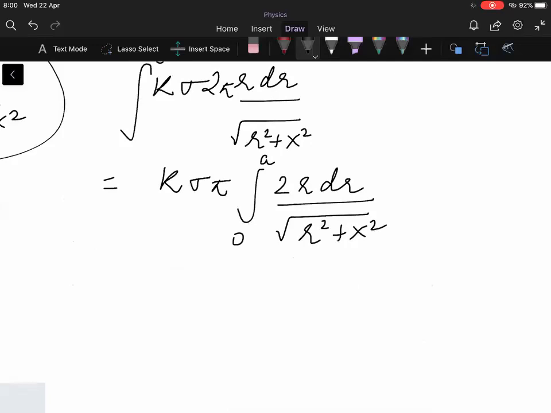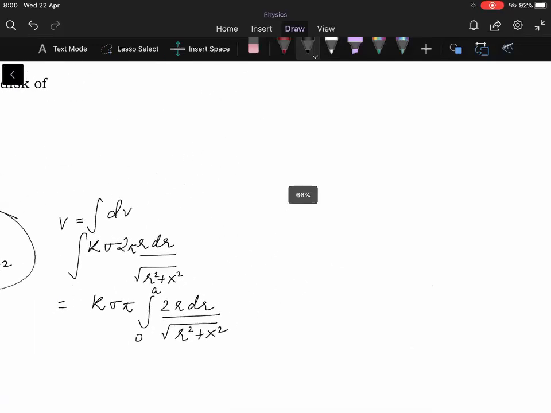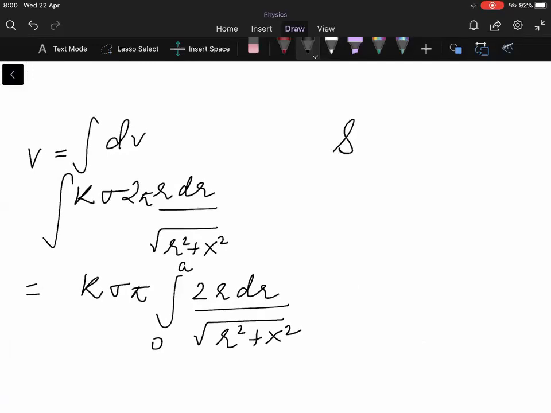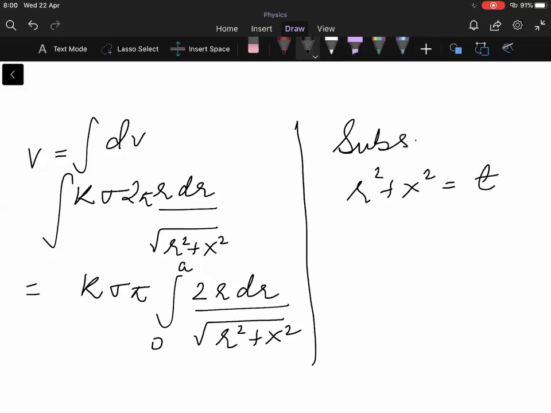Is this clear? Now using the substitution method, what substitution will you do? R square plus x square, you will take it as some t. You differentiate this, you will get 2r dr, which is equal to dt. Now you know why I did not take 2 outside the integral, because I wanted to keep this thing as dt.